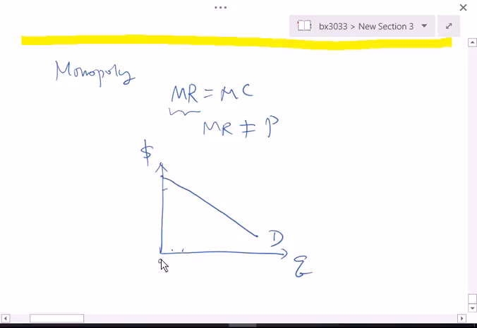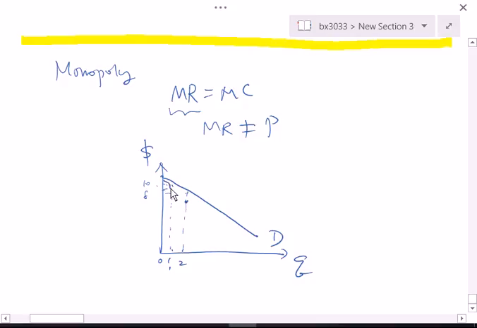Say for the first unit, I can sell at this one, and that's the marginal revenue. For the second unit, I need to set the price, say from 10 to 8, but now the marginal revenue will be less than this, so it will be lower.